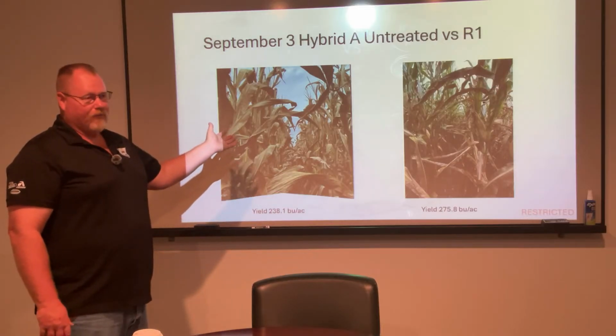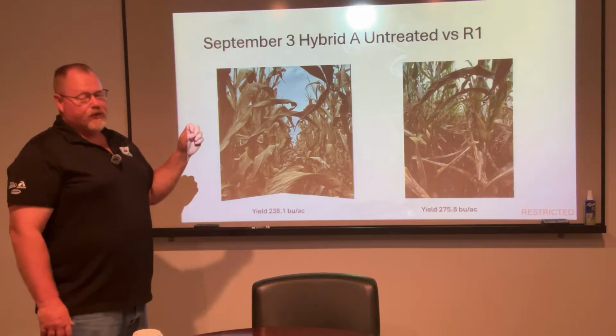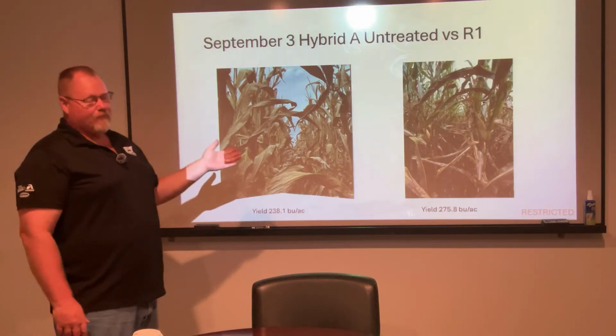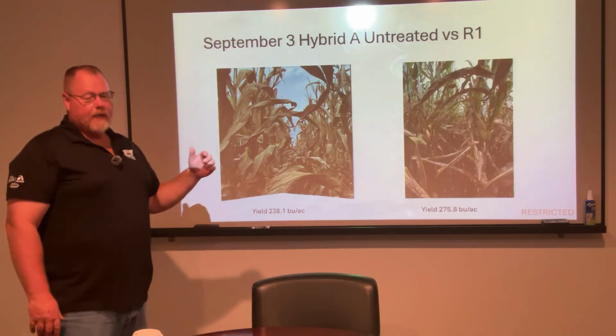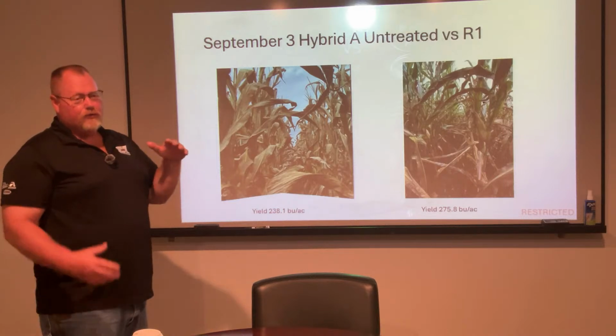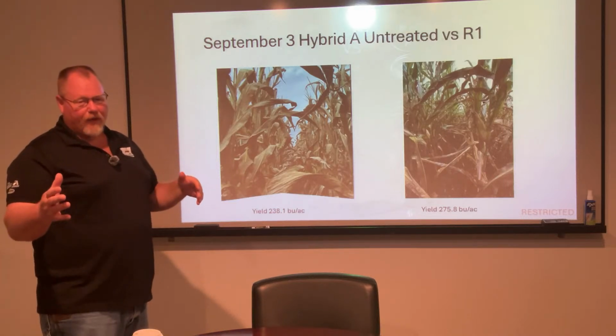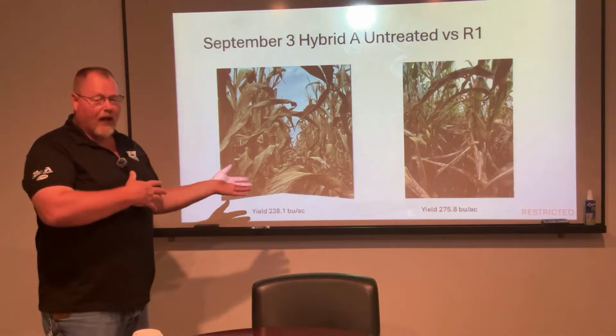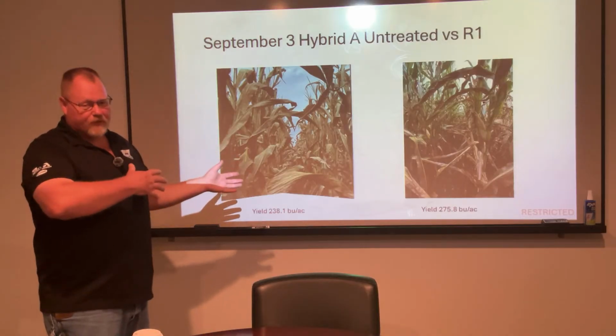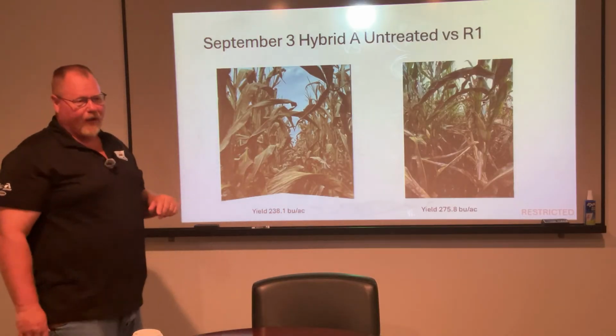This has been picked for a month. So, had this gotten picked yesterday, I think you would have seen a huge yield increase to the sequential application, because you would have lost a lot of yield from the other stuff that was more deteriorated.